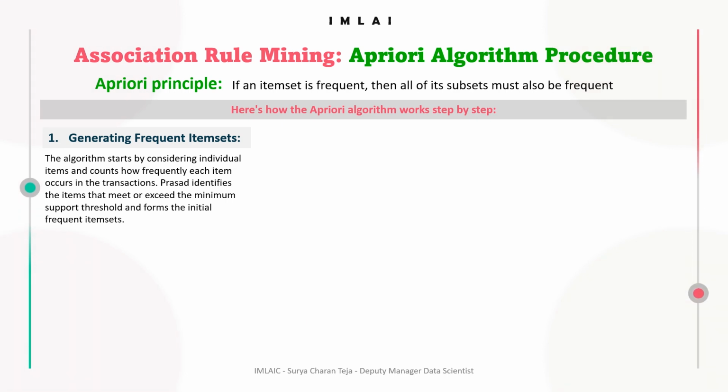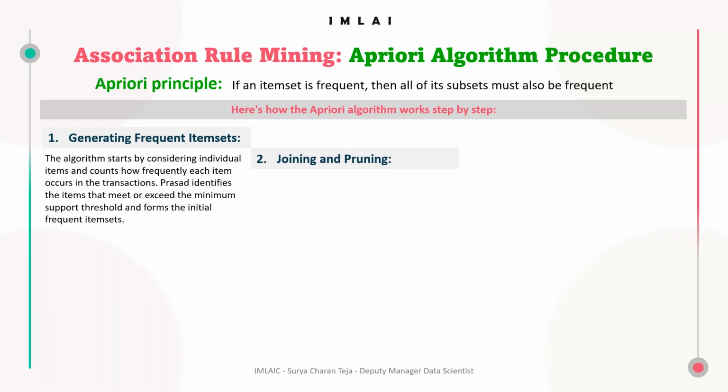So the algorithm starts by considering individual items and counts how frequently each item occurs in the transactions. Prasad identifies the items that meet or exceed the minimum support threshold and forms the initial frequent item sets.